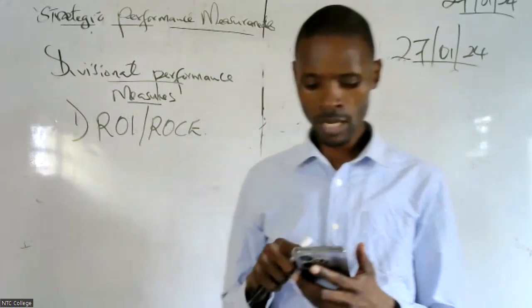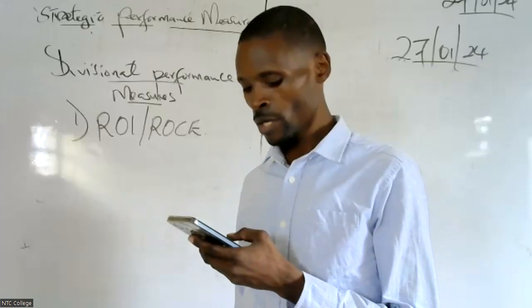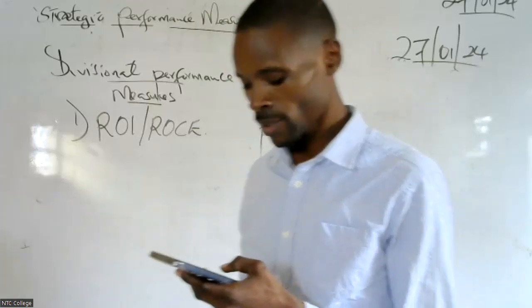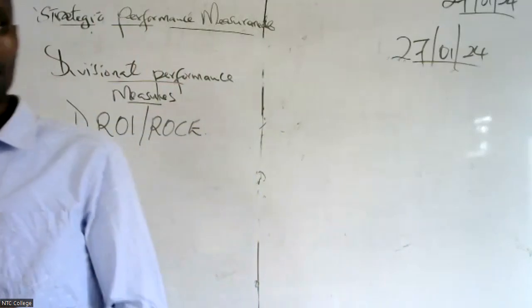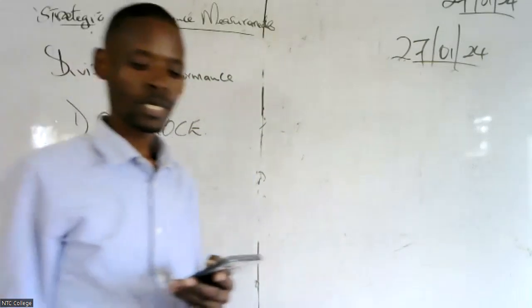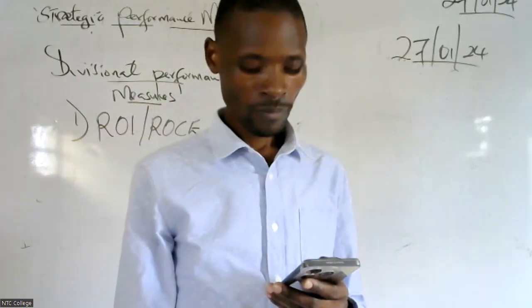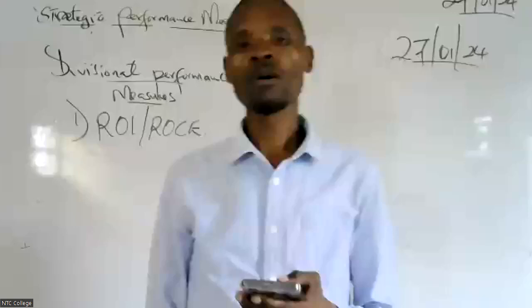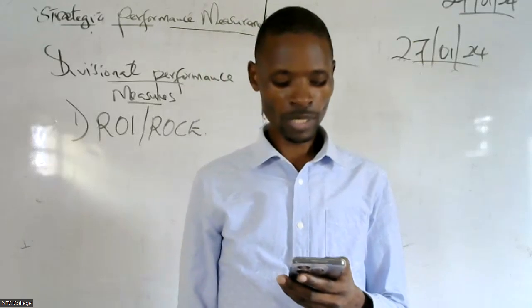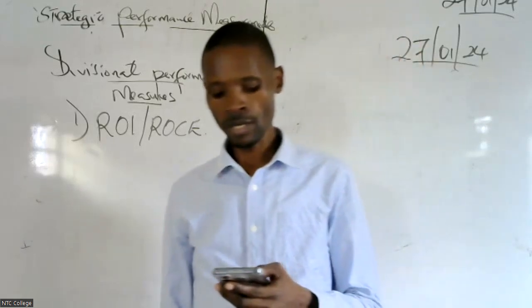If you are there, we can just have this summary. It expresses divisional profit as a percentage of assets employed.